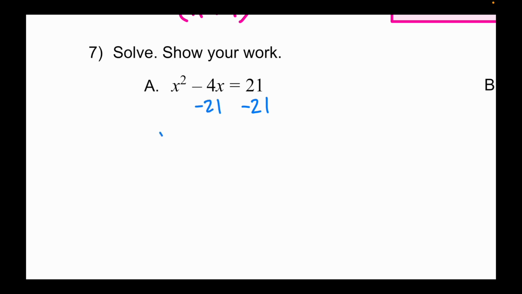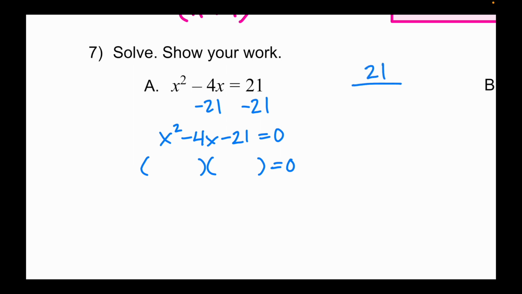Now, what happens here is that 21 doesn't combine with anything. We're just moving it. So it doesn't get to combine with anything here. Now, we want to be able to factor this. So we're looking for factors of 21.